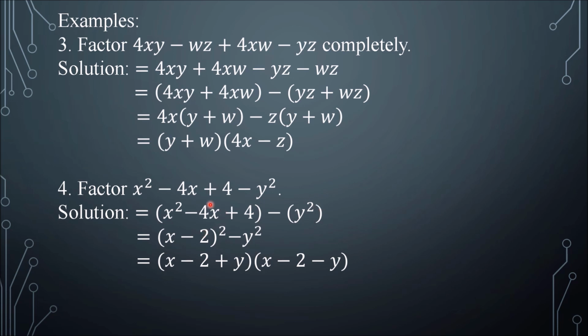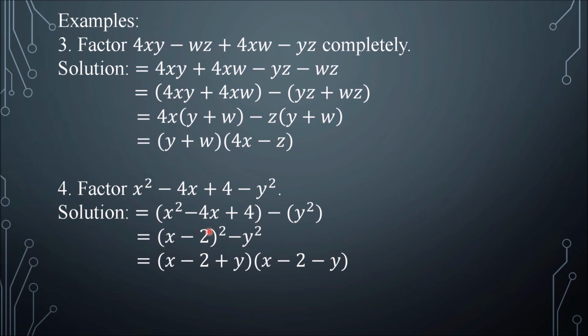Now, this one can be factored into x minus 2 squared because this is a perfect square trinomial. So this one can be simplified now into x minus 2 squared minus y squared. Now, as you notice, this is a difference of two squares.